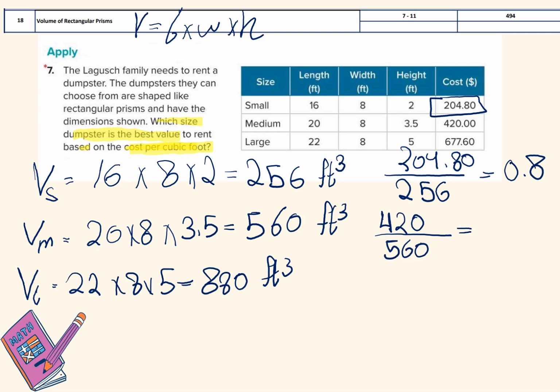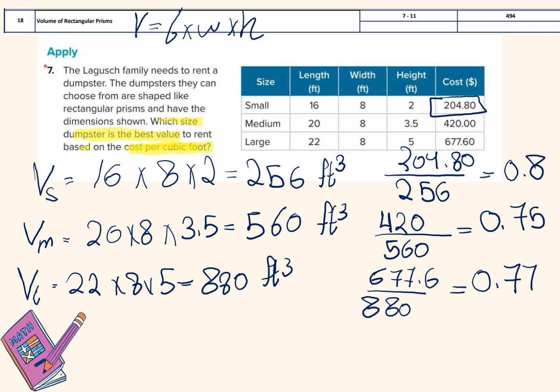The answer is going to be 0.75. The last ratio, the cost of the large size, which is 677.6 divided by the volume, which is 880. The answer is going to be 0.77.